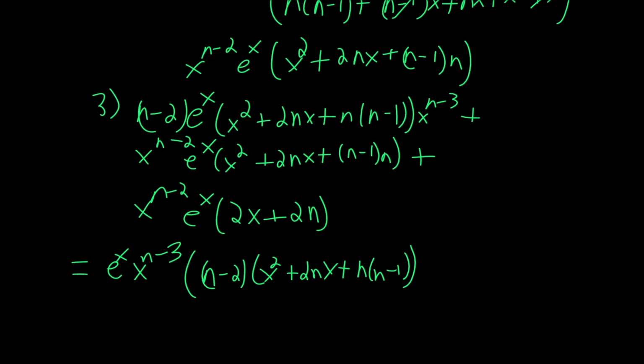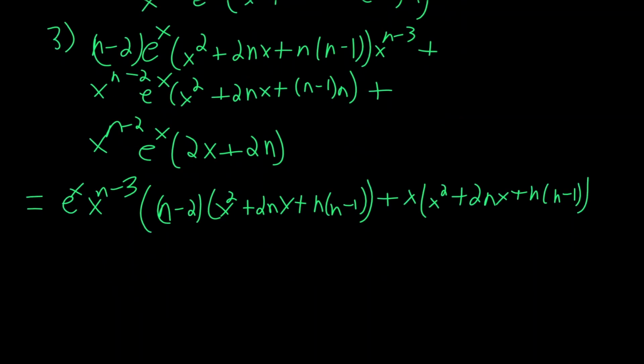Our next term is just x times our quadratic, so x squared plus 2nx plus n minus 1. And our next one is just x times 2x plus 2n.